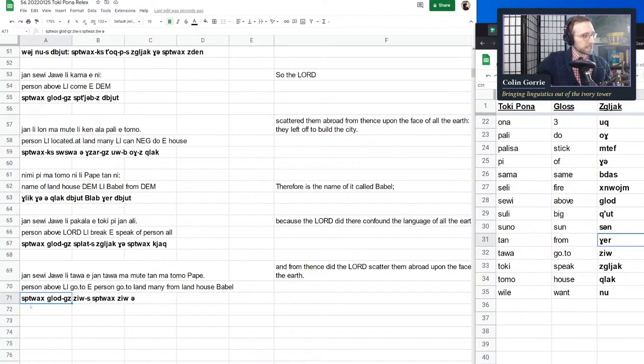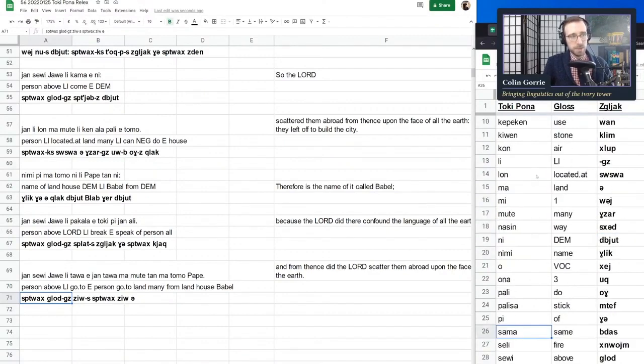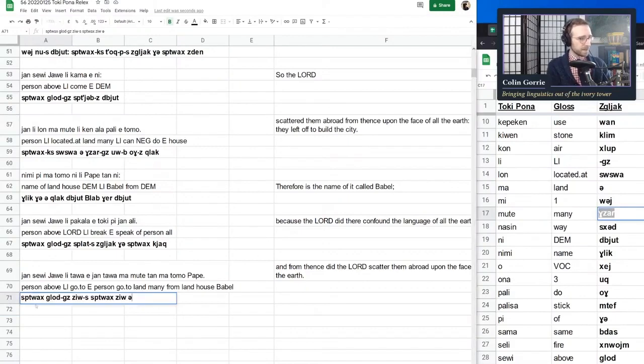So sptwach glodgs zius sptwach ziu land many mute, or in our case gzar, from land house pap Babel tan matomo pape, from the city of Babel, I think.